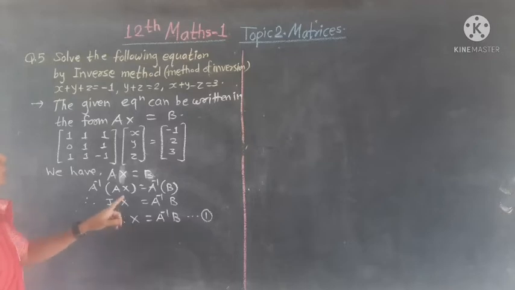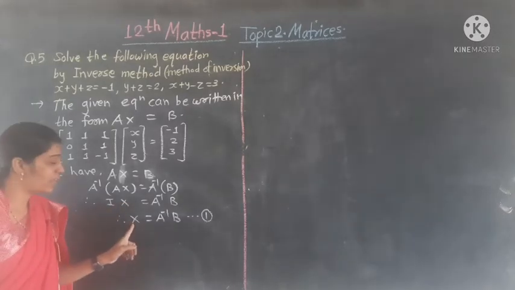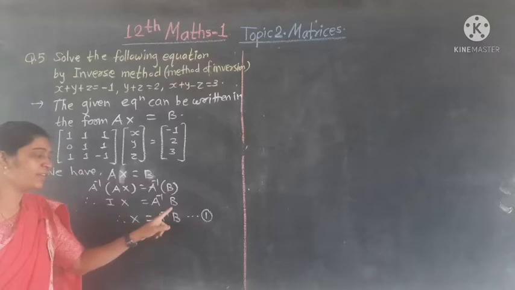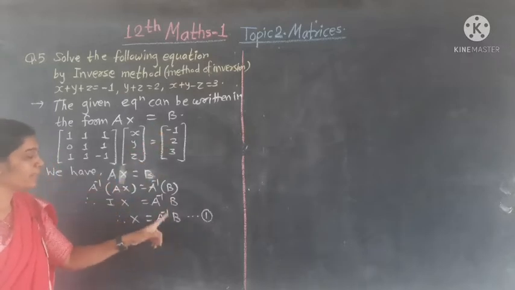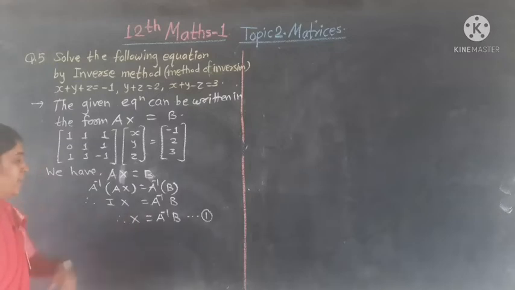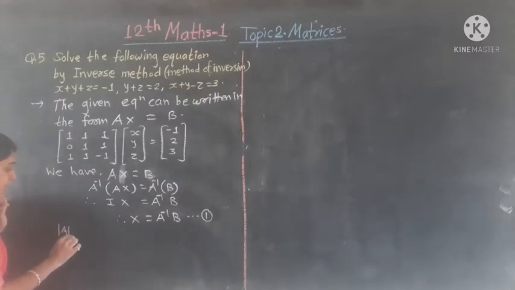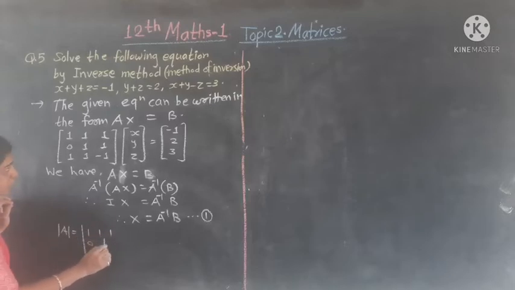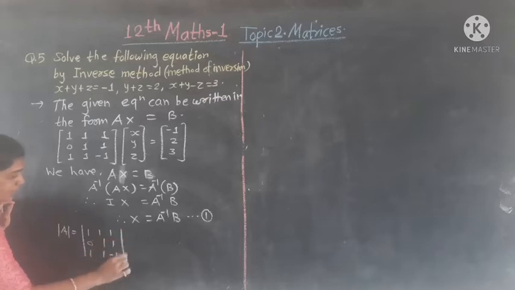So how do we solve the equation? We have to find the values of X, Y and Z. We want X as A inverse into B. We know the matrix B, but we don't know A inverse. For this we first find A inverse. For this we find determinant A. You find determinant A: 1, 1, 1, 0, 1, 1, 1, 1, -1.